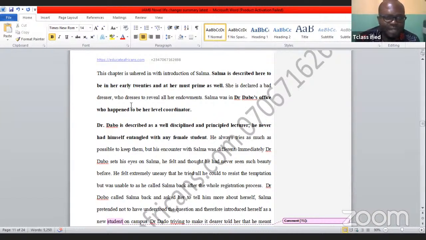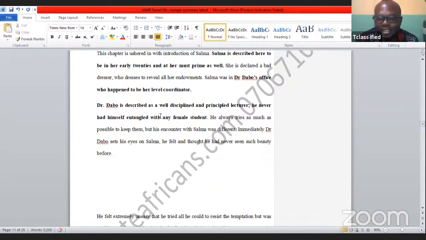She is declared a bad dresser who dresses to reveal all her endowments. Salma was in Dr. Dabo's office, who happened to be her level coordinator. Dr. Dabo is described as a well-disciplined and principled lecturer. He never had himself entangled with any female student. He always tries as much as possible to keep them away, but his encounter with Salma was different. Immediately, Dr. Dabo set his eye on Salma. He felt and thought he had never seen such a beauty before.